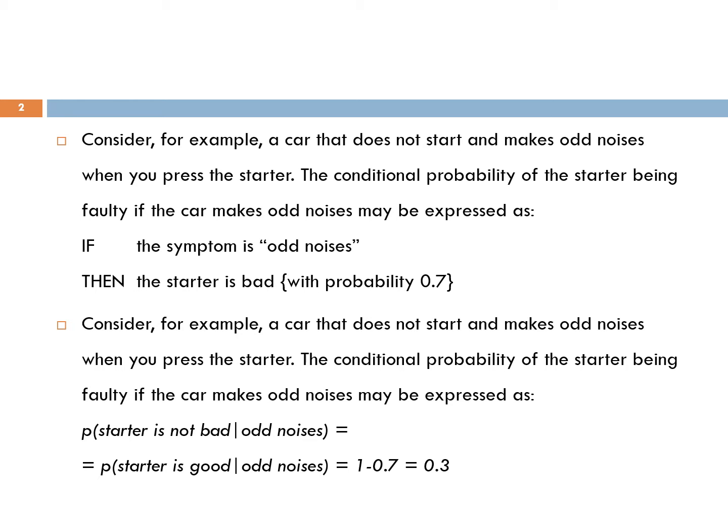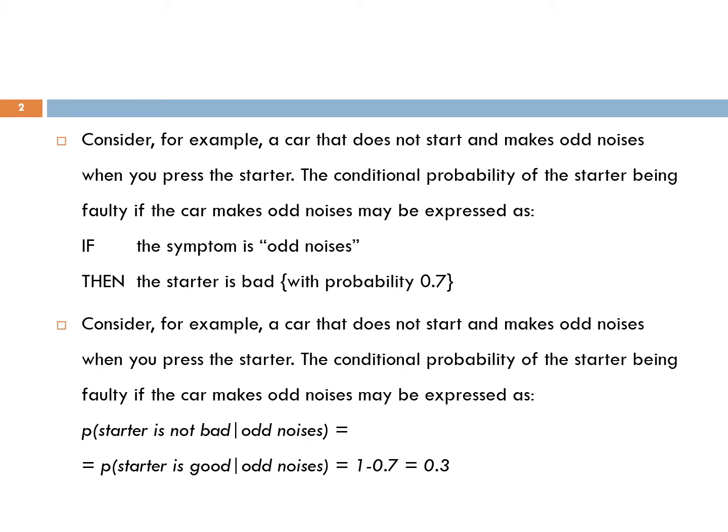So it becomes 1 minus 0.7, where you assume the first rule, and then you get 0.3.